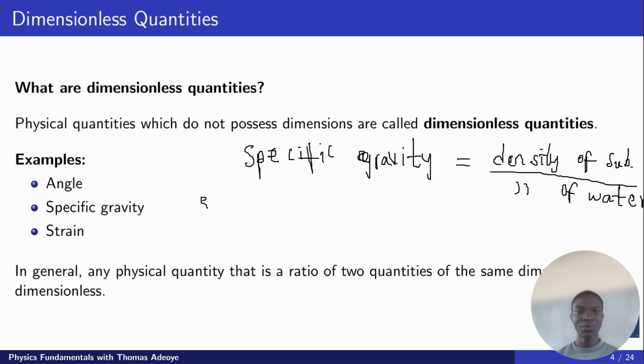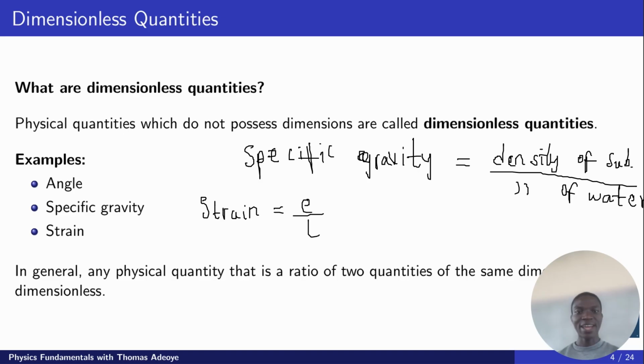Another one is strain. The formula for strain is extension over original length. Extension is measured in meters, original length is measured in meters, so it cancels out. So generally, any physical quantity that is a ratio of two quantities of the same dimensions is dimensionless.